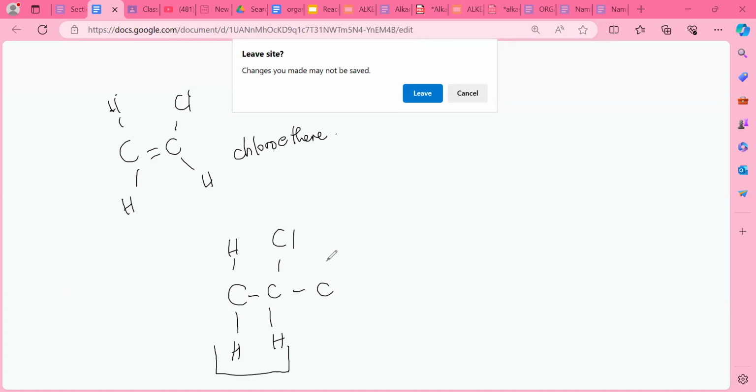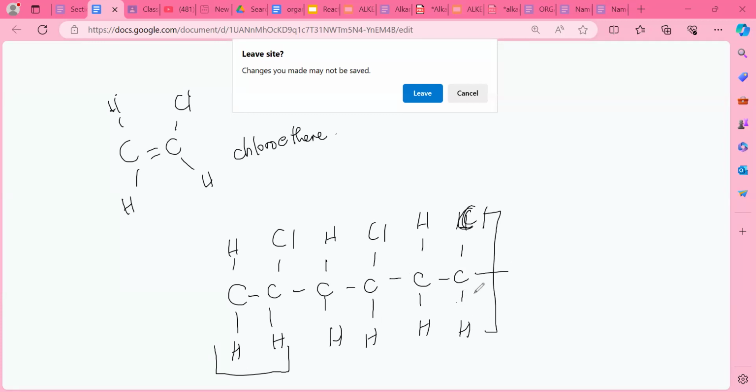I'm going to repeat it 3 times. So this polymer is called polychloroethene, or it's called PVC. So this is the PVC.